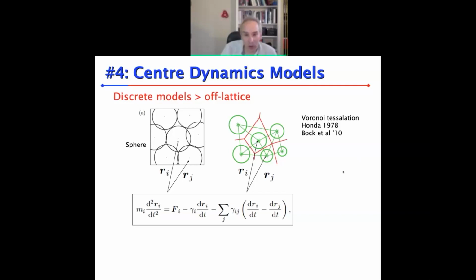Now, another type of interesting model that applies to other systems is still a discrete model, but off-lattice. You don't prescribe a given lattice in your space. What you're going to follow is the position of, let's say, the center of a sphere. Typically, it's a sphere. Anything that's not a sphere is going to be problematic because you'll have to follow the geometry in 3D.